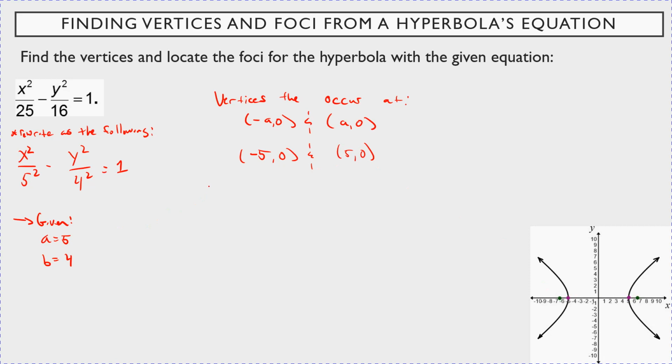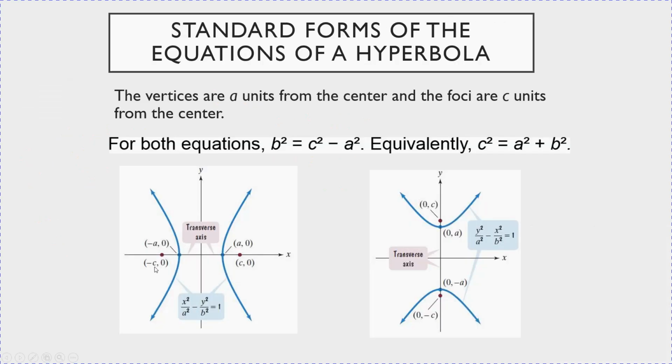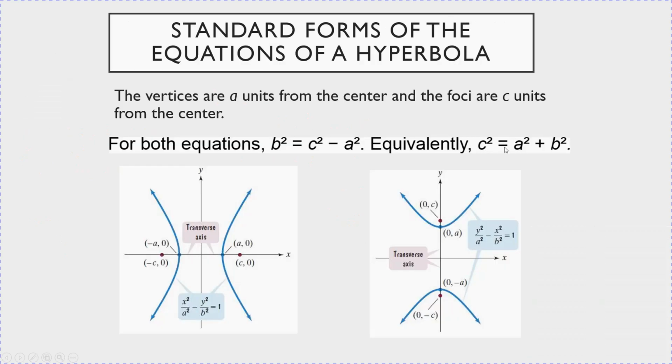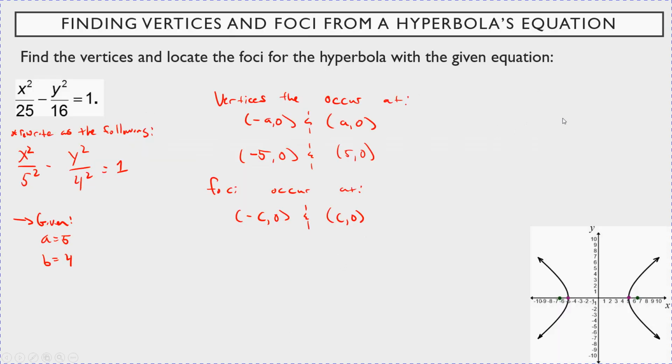All right, so now the foci. The foci occur at, looking back, negative c comma 0 and c comma 0. So how you're going to find that is you're going to have to use this equation. Look, c squared is equal to a squared plus b squared.